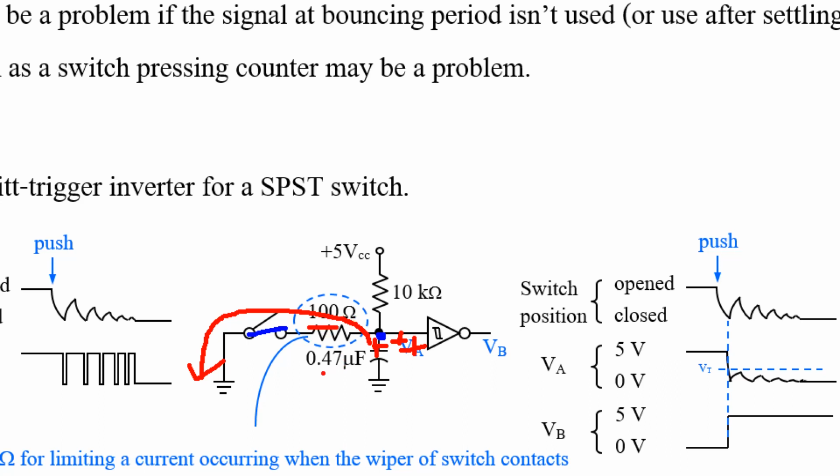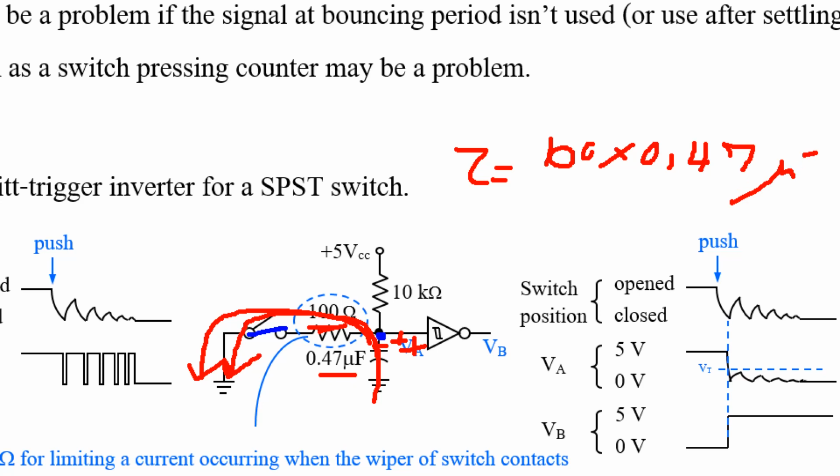So the time constant is RC with this current path. The time constant is 100 multiplied by 0.47 microfarad, which is about 47 microseconds, something like this.